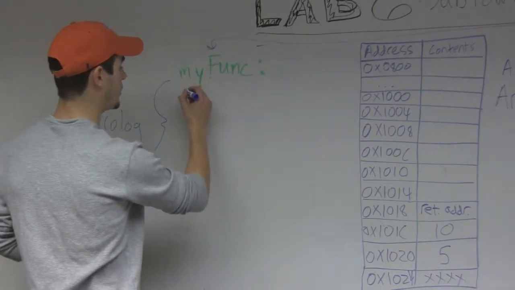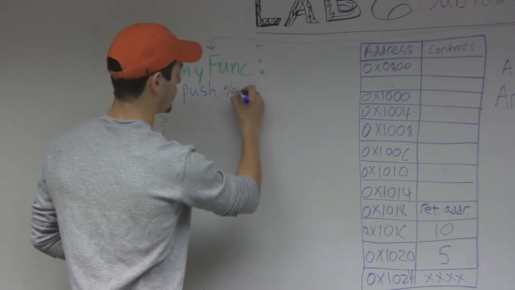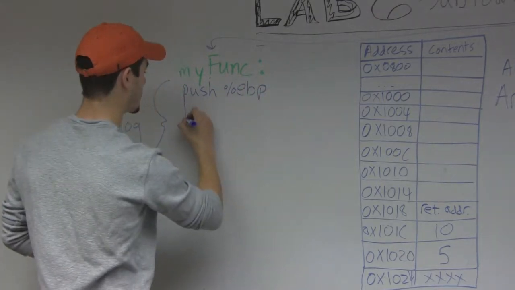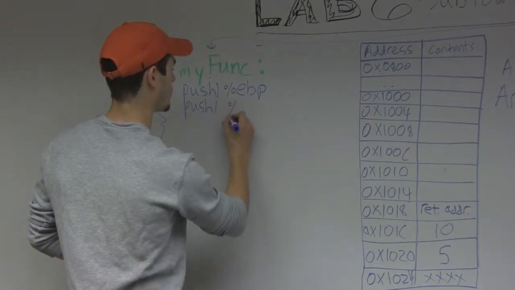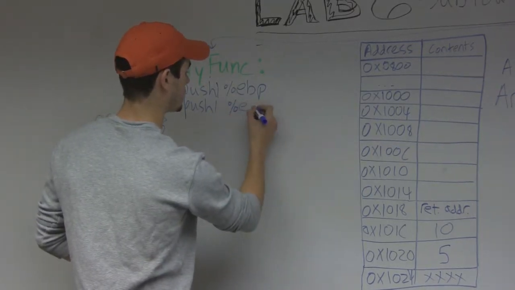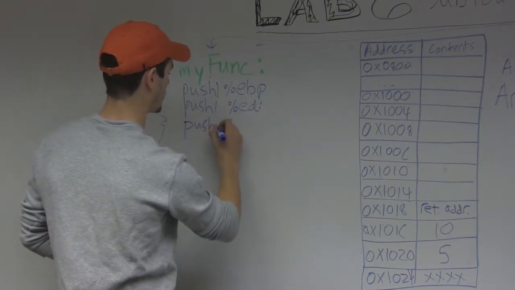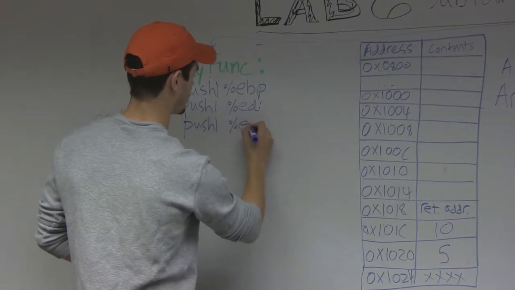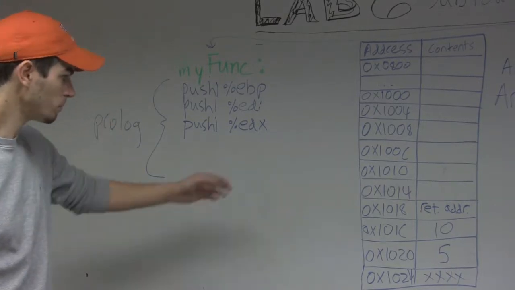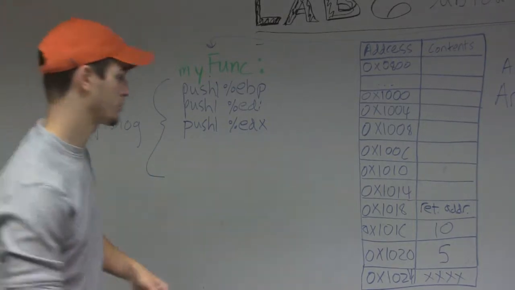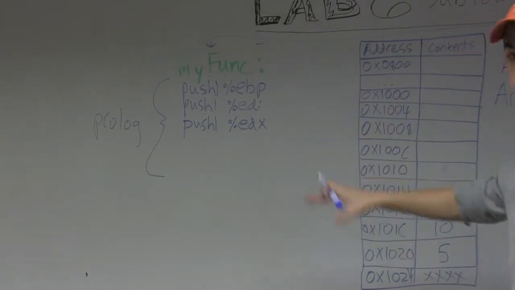So for this prologue, we'll save 3 registers to the stack, pushing 3 registers for use in the function.